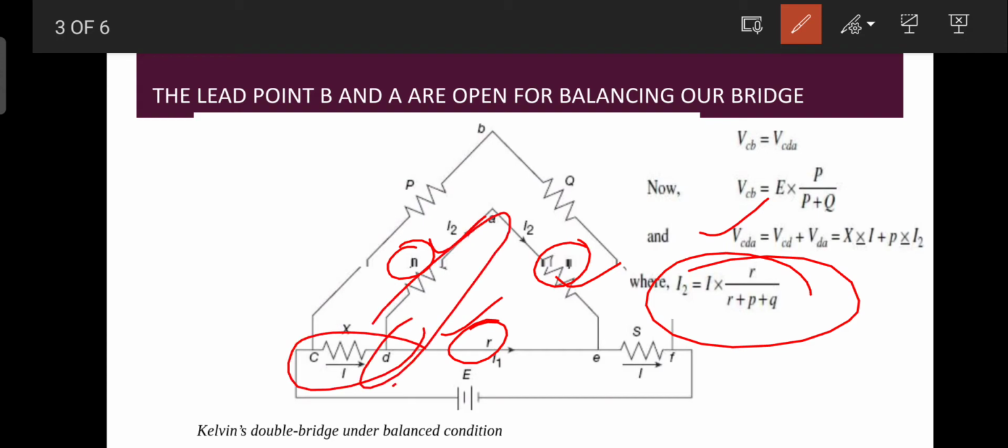So voltage across CD is equal to I into X plus voltage across DA is equal to p into I2. So I2 is equal to I into R divided by R plus p plus q.